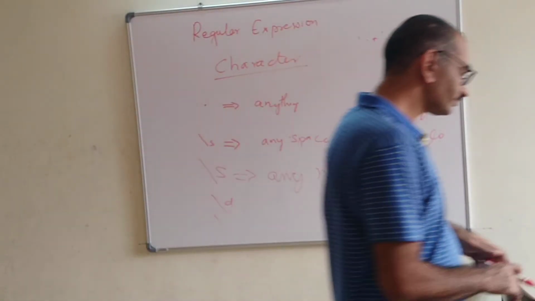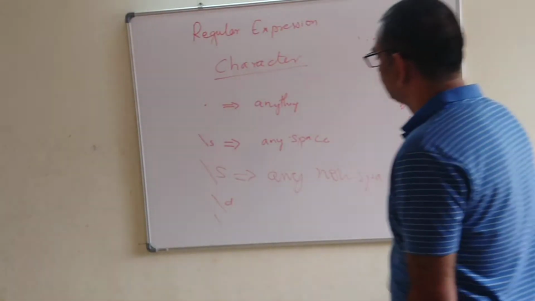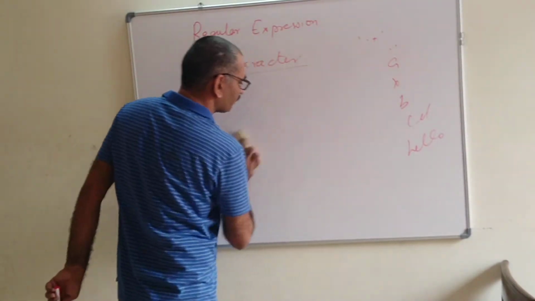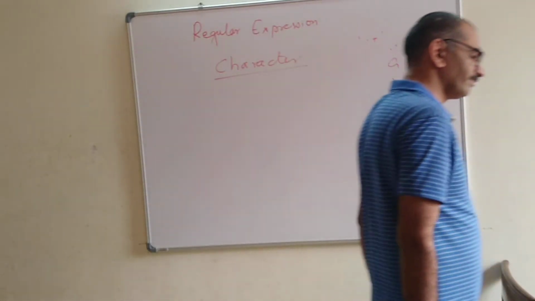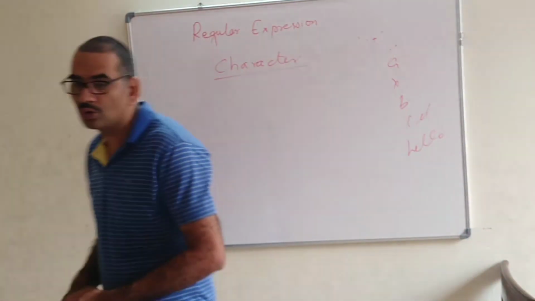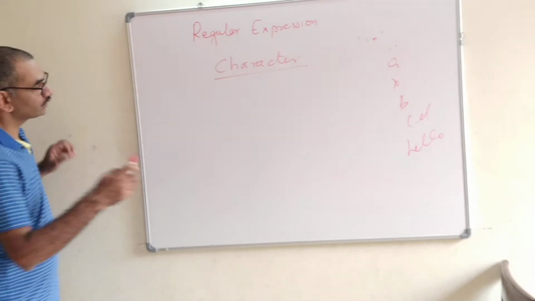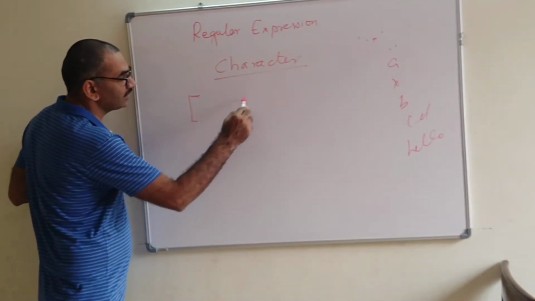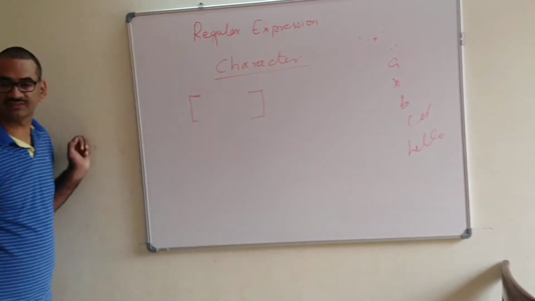Now there is also one more way. Let's say you want to specify any one of a set of characters, let's say 0 to 9 or A to Z. You can specify a collection of characters inside square brackets.